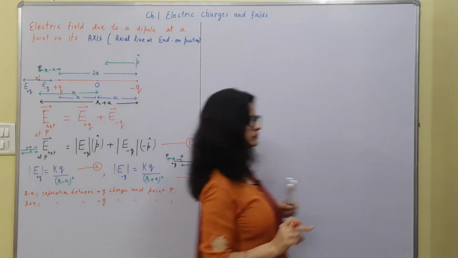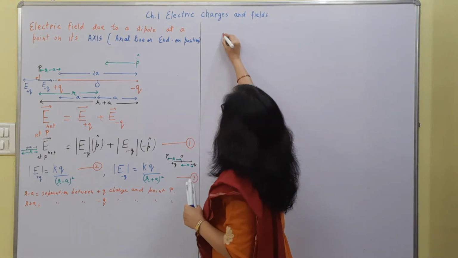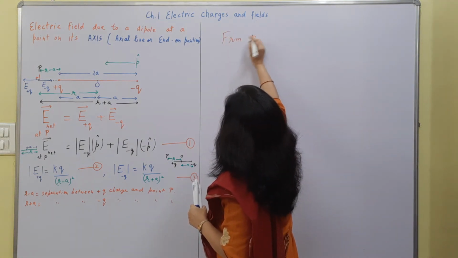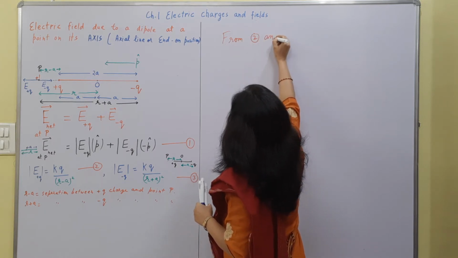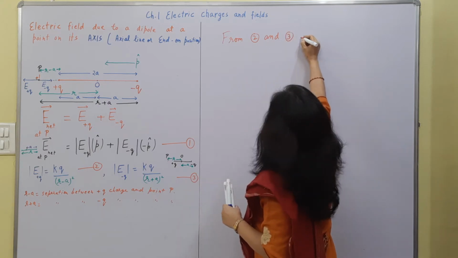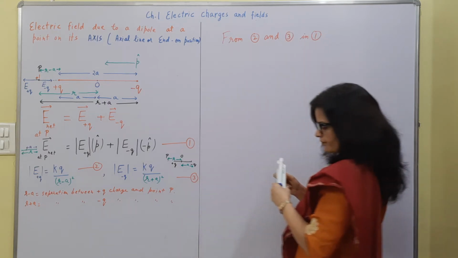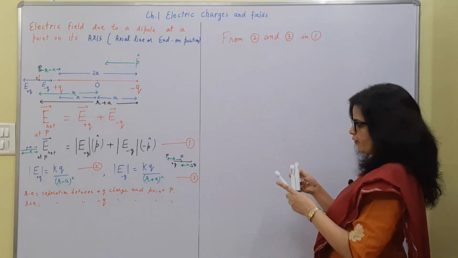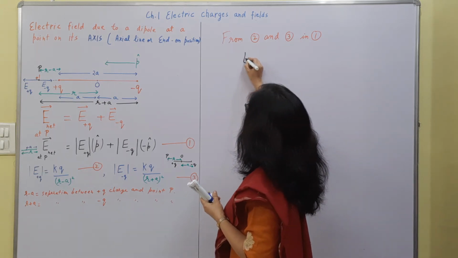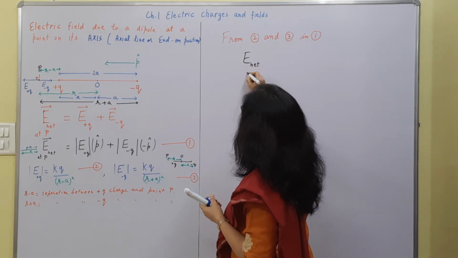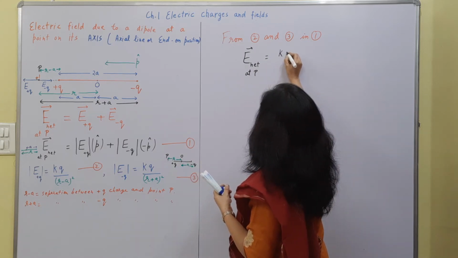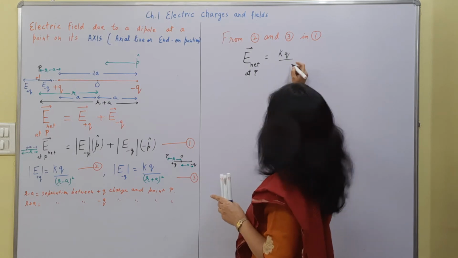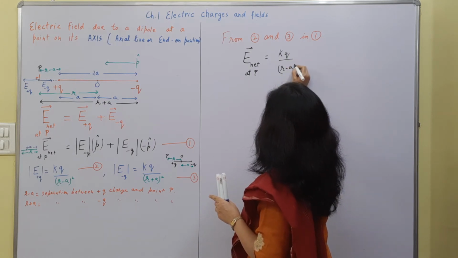So from second and third in 1, what will I get? I'll get E net at point P is equal to E due to plus Q, which is K, replacing K in the last step, Q upon R minus A whole square.